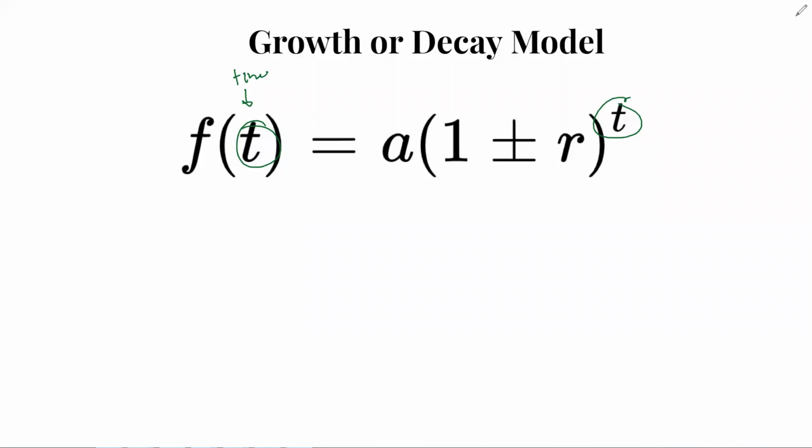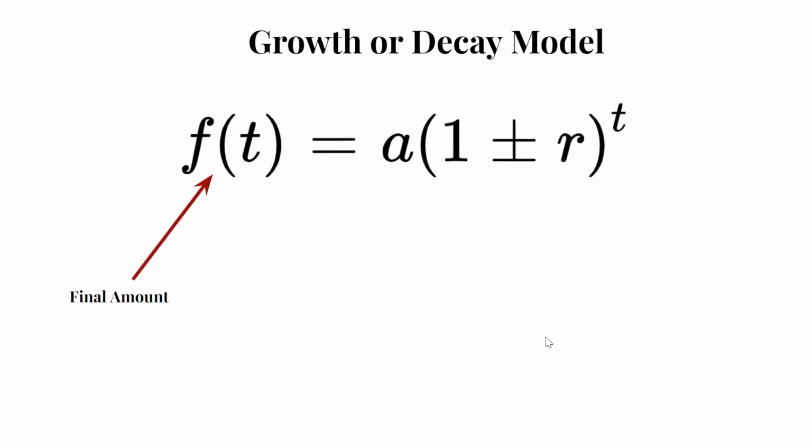So our time is going to tell us what our value is here. Okay. So here's our first value that I'm going to talk about. So f of t is basically our output, our final result. Okay, so just how we have x and y, when we input x, y is going to be that final result. Our final amount is f of t.